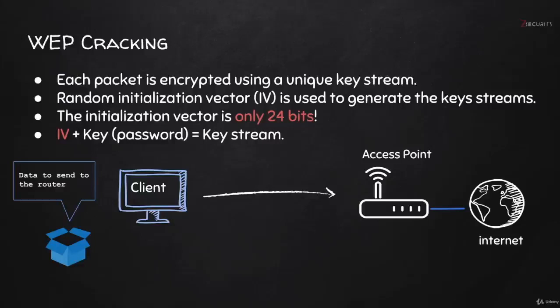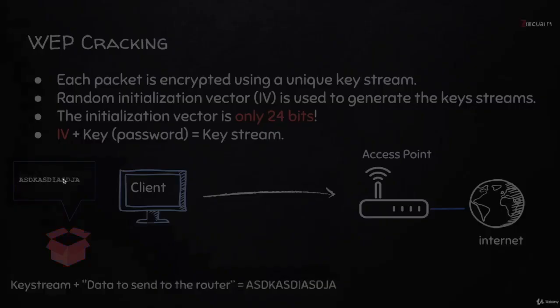To do that, it generates a random 24-bit initialization vector. The initialization vector is then added to the password of the network, the actual key that people use to connect to the network. This generates a key stream, and this key stream is used to encrypt this packet and transform it into gibberish.